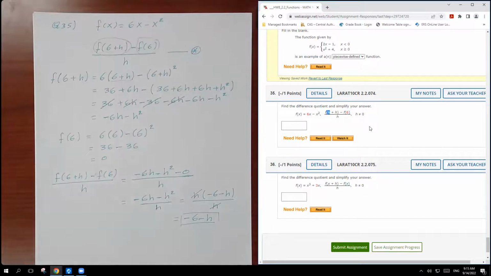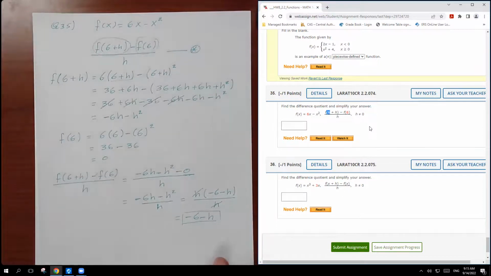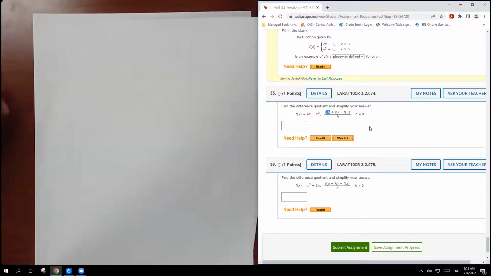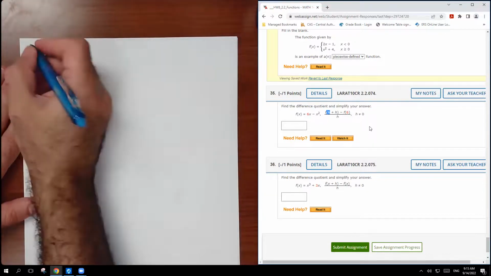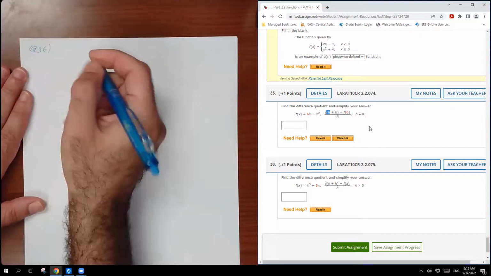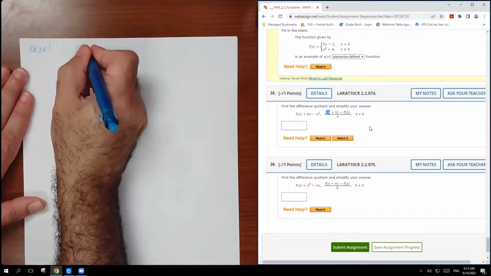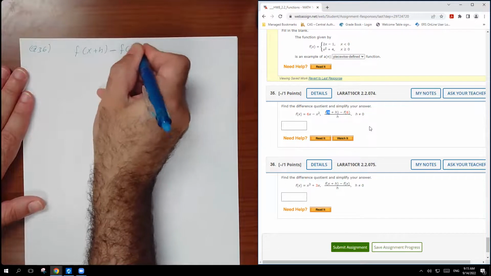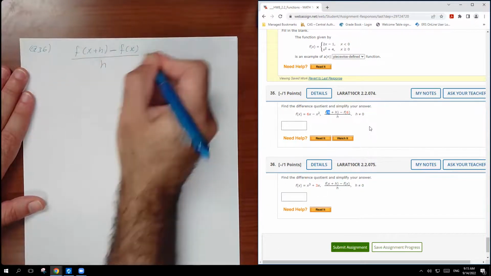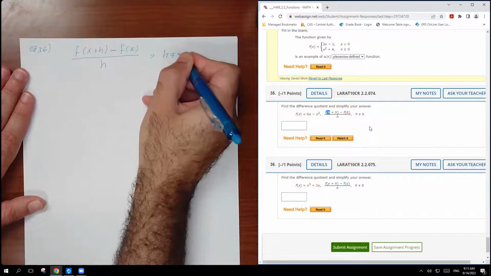So now let's work on the last example, and we need to find the result for this one. The result is going to be in general, not like this one. So question 36, but we're going to do exactly the same steps. We're going to use the difference quotient, which is f of x plus h minus f of x divided by h, and h not equal to 0.